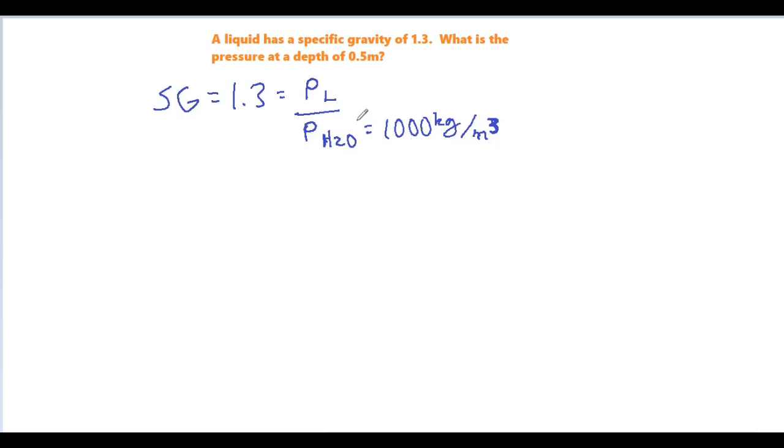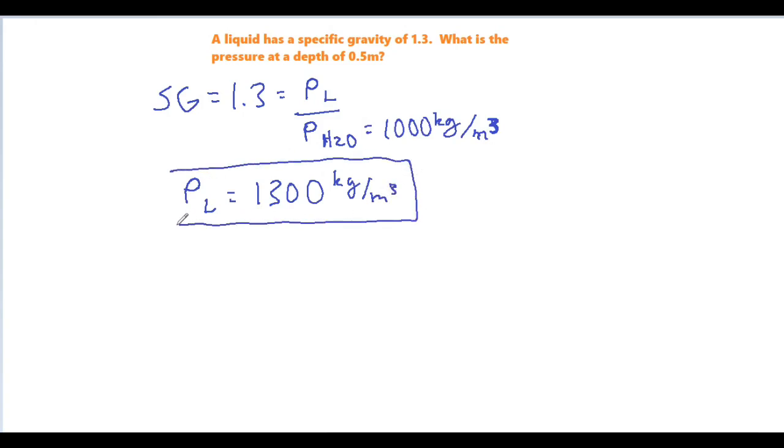We can take 1,000 times 1.3, and then we have the density of our unknown liquid. All right, so let's box that up, and we'll assume that's going to be useful a little bit later on down the road because we only have one more number of 0.5.